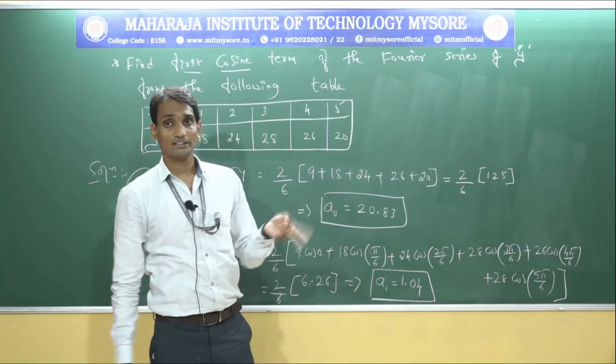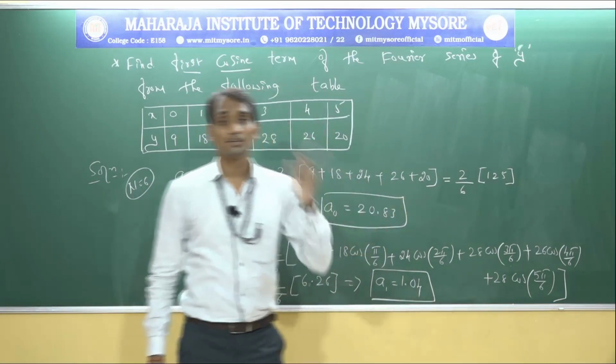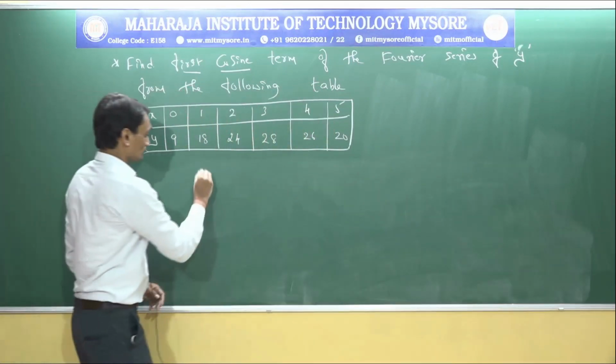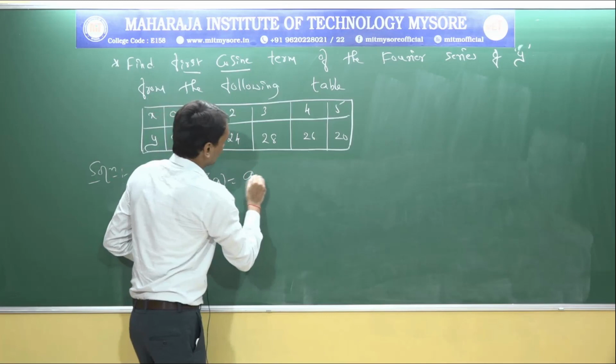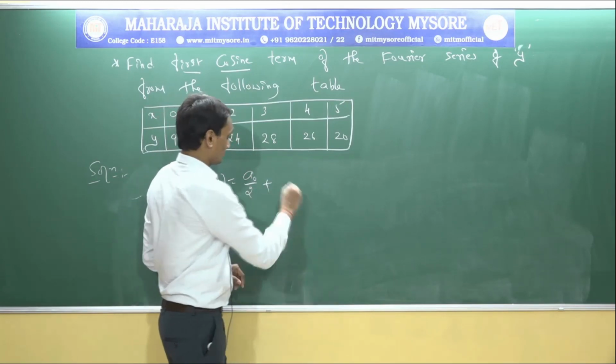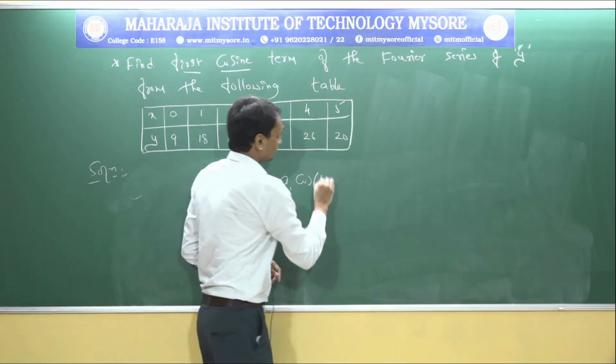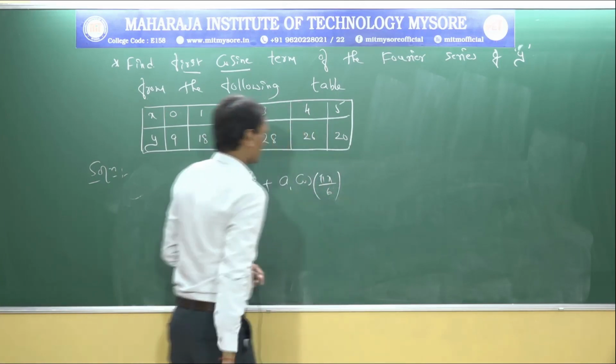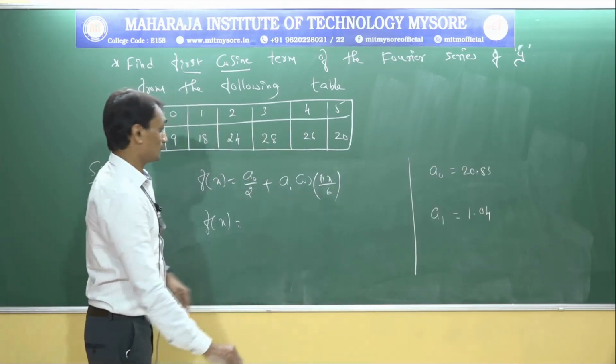After calculating both values, you need to substitute them in the formula. The formula is f of x equal to a naught by 2 plus a1 into cos pi x by 6. Both the a naught and a1 values, just replace them.